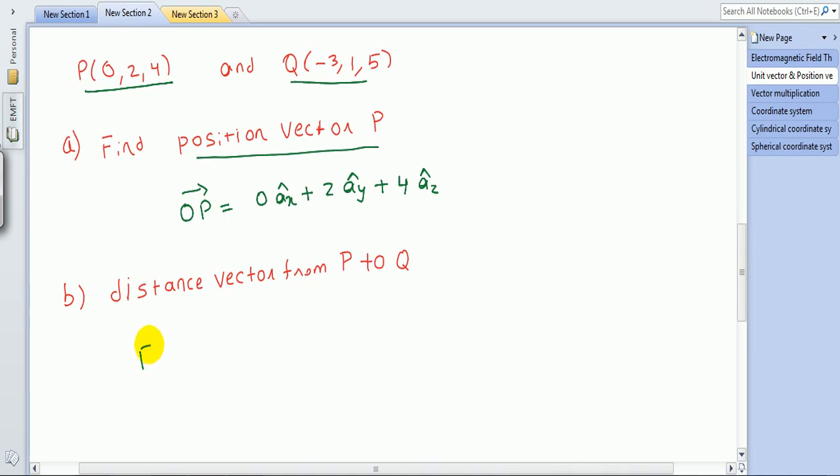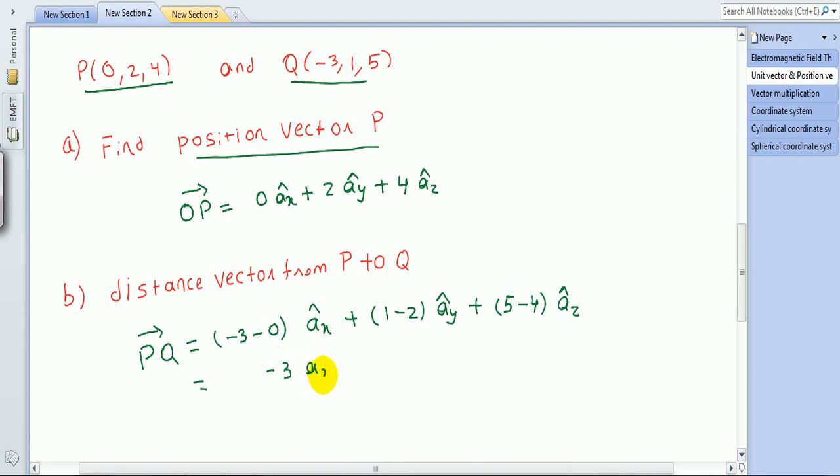Now we want to find out the distance vector. It can be found by the coordinates of Q minus the coordinates of P. Respective coordinates will be subtracted, that is -3 minus 0 ax cap, plus 1 minus 2 ay cap, plus 5 minus 4 az cap, and it will be simplified as -3 ax cap minus ay cap plus az cap.